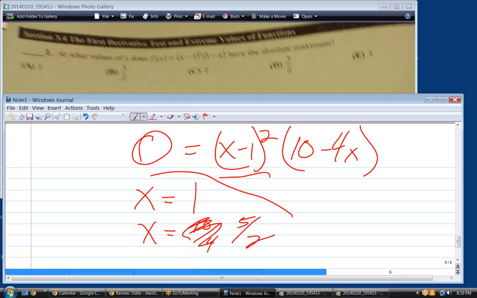So these 2 points are where the tangent line is 0, but we don't know that they're maximums. They might be minimums. But since there's only one of those on the answers, doesn't it have to be that? Yeah, I guess so.